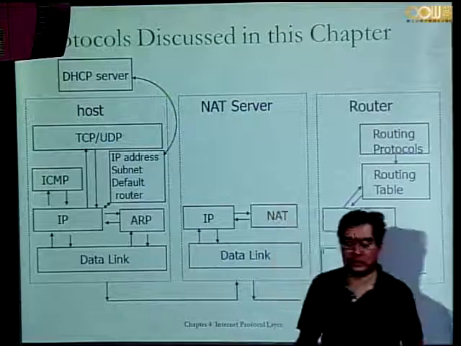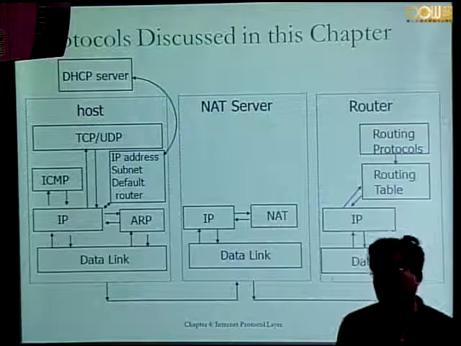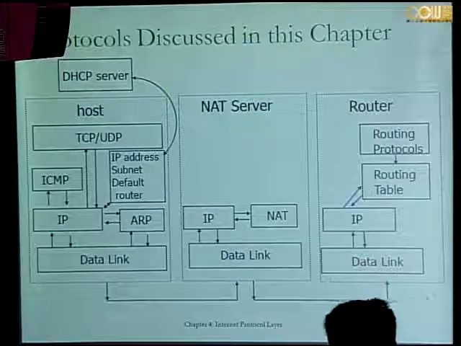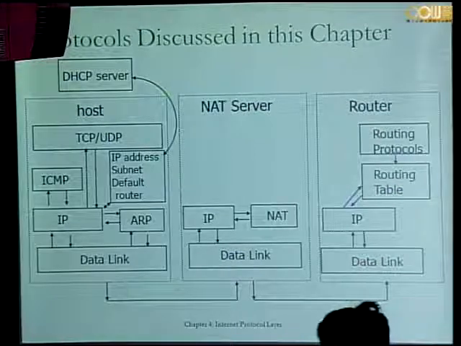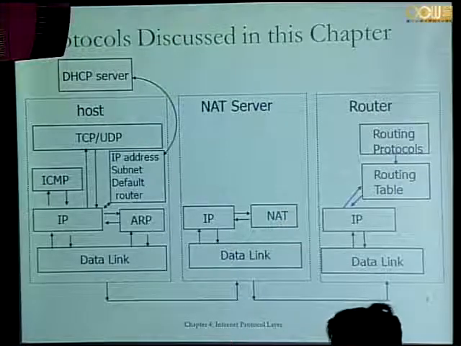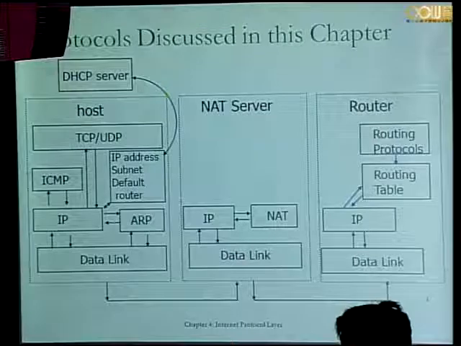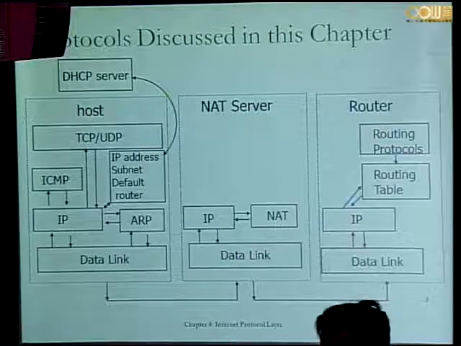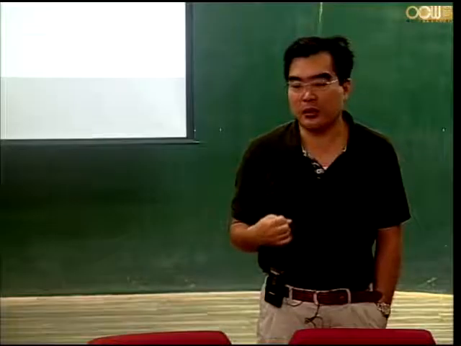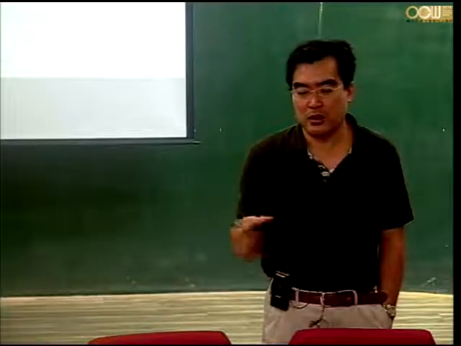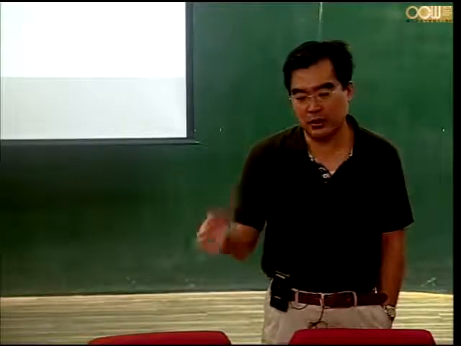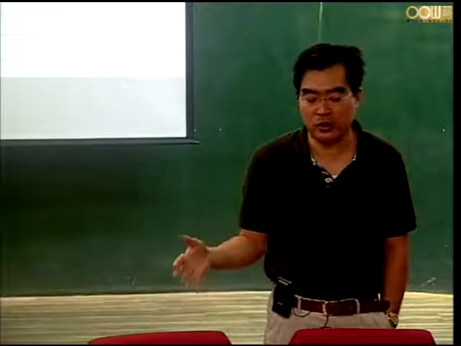And then you will see that in a NAT device, the NAT module needs to do the address translation. It needs to translate the IP address, probably even the port number in the TCP or UDP header. So you would translate the IP address in the network layer and the port number in the transport layer. And those kinds of translation sometimes get very messy. The reason is that you probably do not just translate the address or port number within the IP header and the transport header, TCP header or UDP header.